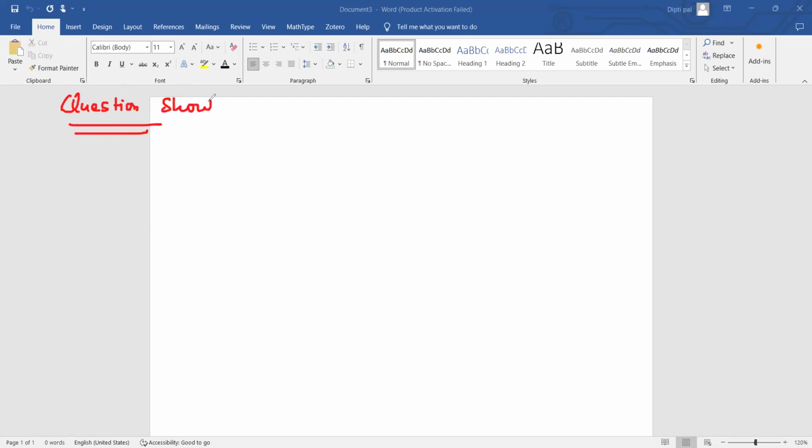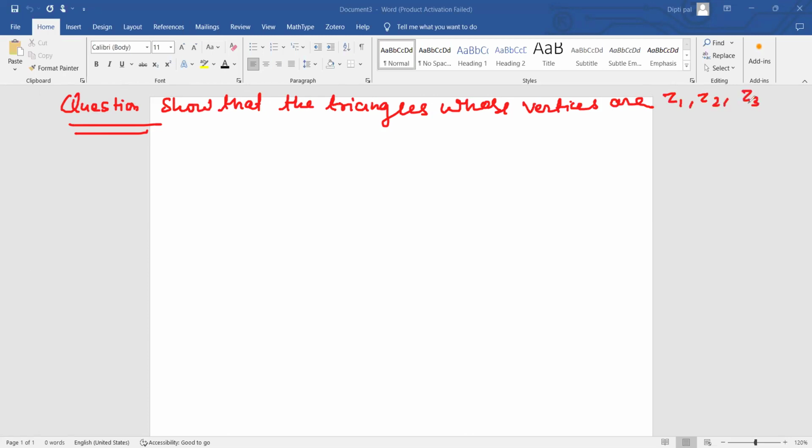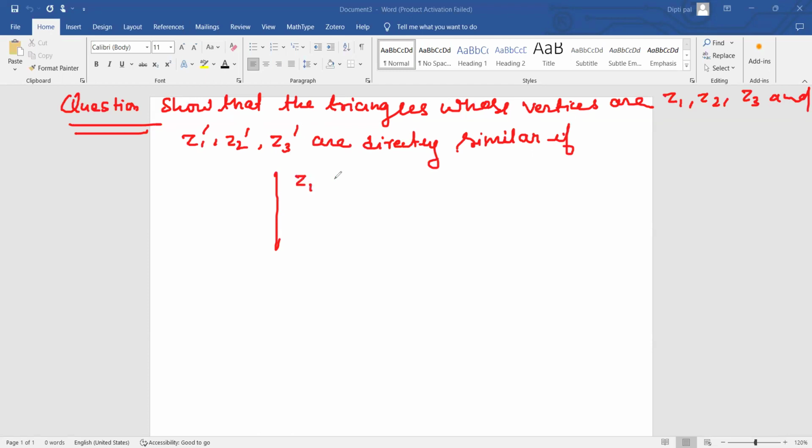Prove that the triangle whose vertices are Z1, Z2, Z3 and Z1 dash, Z2 dash, Z3 dash are directly similar if the determinant with rows Z1, Z1 dash, 1; Z2, Z2 dash, 1; Z3, Z3 dash, 1 equals 0.